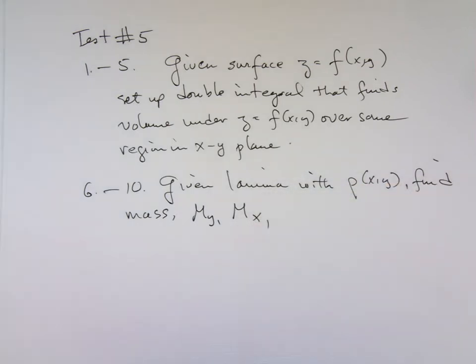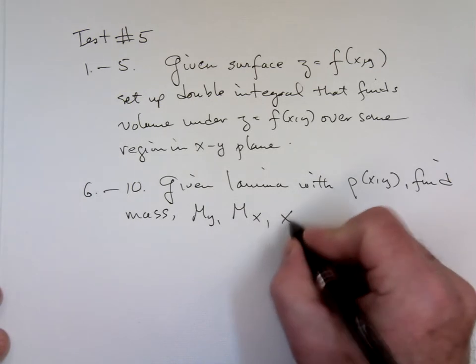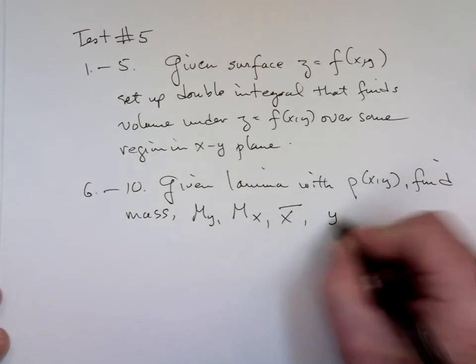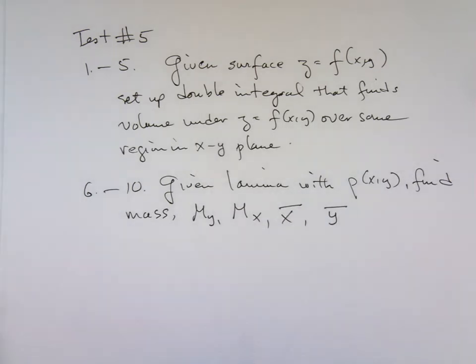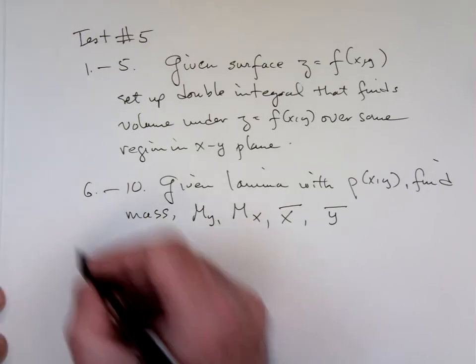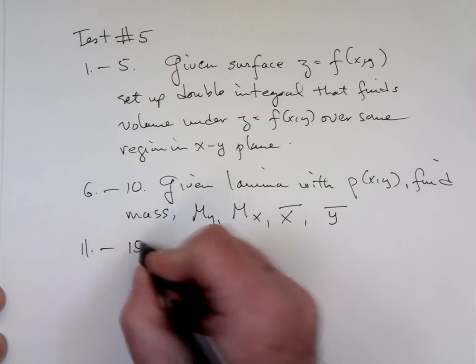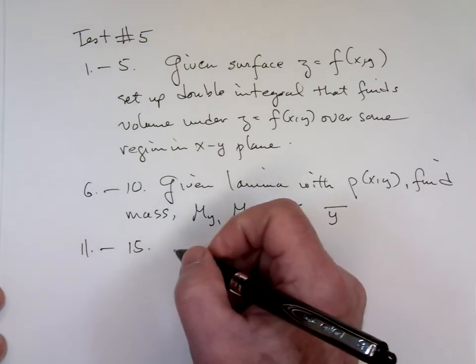That's a rho, a density function. And then I'm going to ask for x bar and y bar. Now, this is going to be very similar to the one we did, the right triangle one. It won't be bad. So check out the one I did in class with the right triangle, and you will be okay.